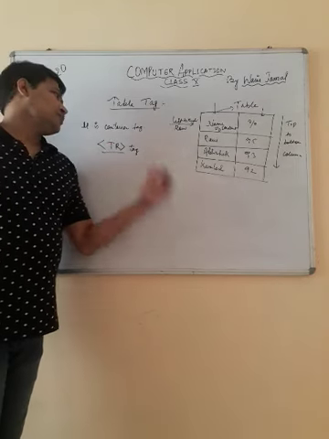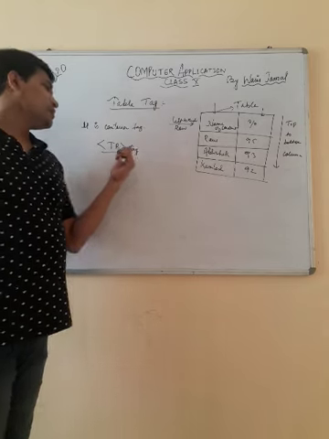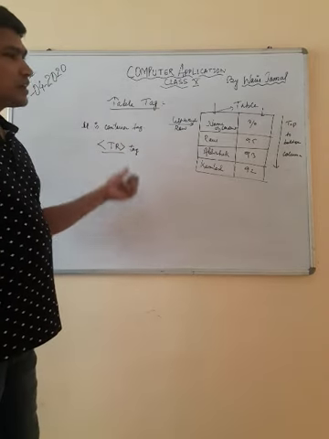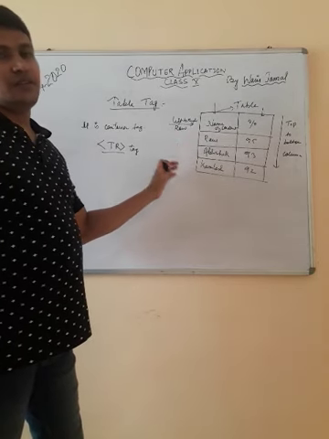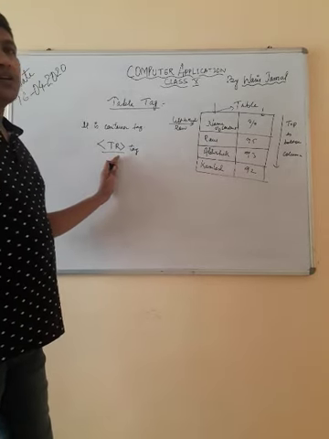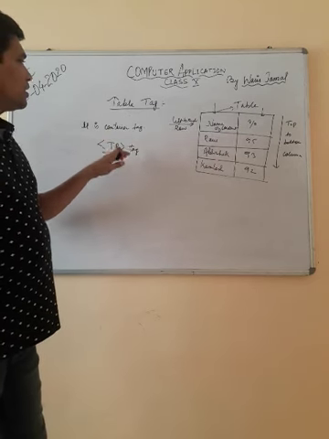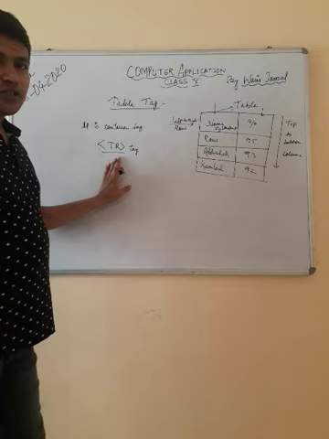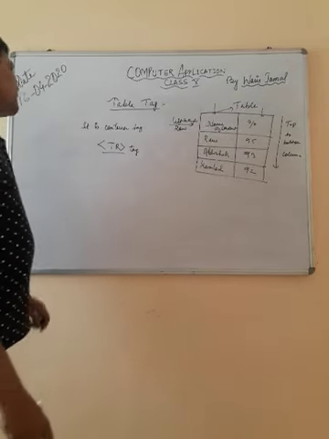One by one I have to create the row and then I have to write the value. The TR tag is the second tag that helps us to create a table in HTML. The table row tag is always used inside the table tag.